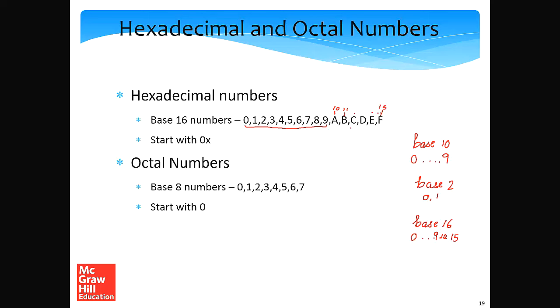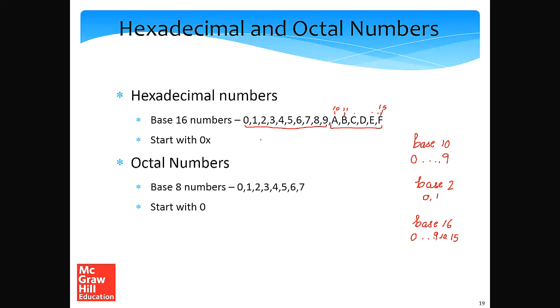So A, B, C, D, E, F are the 6 extra digits that we create to represent a number in base 16, or a hexadecimal number, and these 6 extra digits represent the numbers 10 to 15.